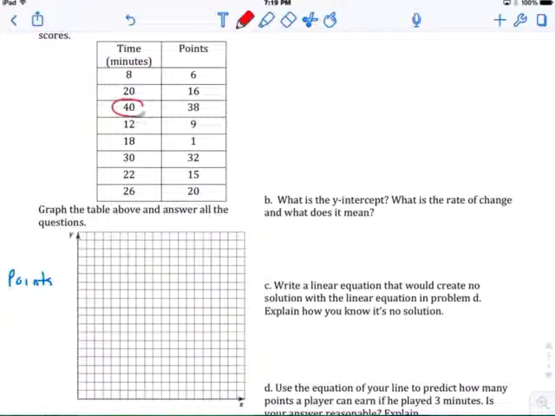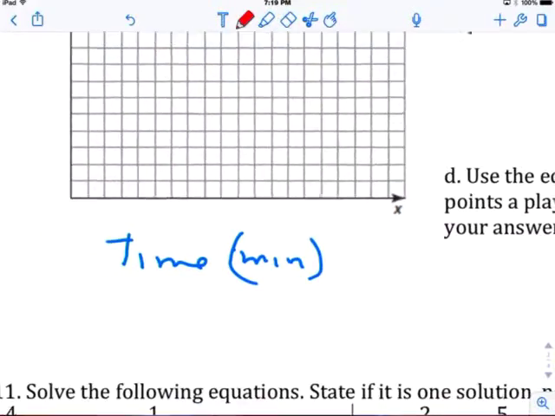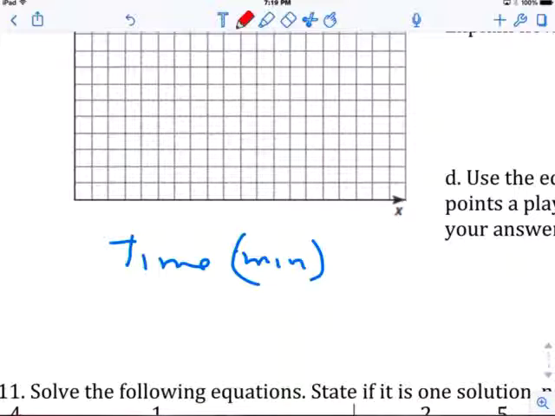Your biggest number is 40. So this is, I think, up to 20, right? So we'll do 2, 4, 6, 8, 10, 12, 14, 16, 18, 20, 22, 24, 26, 28, 30, 32, 34, 36, 38, 40.